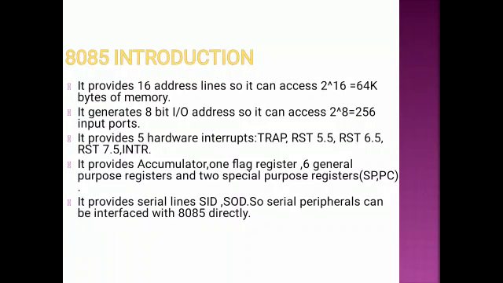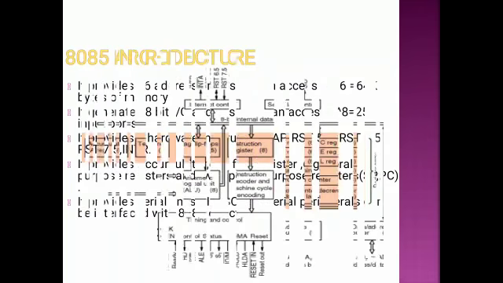Next feature deals with its registers: accumulator, 1 flag register, 6 general purpose registers and 2 special purpose registers. It provides serial lines for input or output data communication when 8085 is interfaced with a peripheral device.